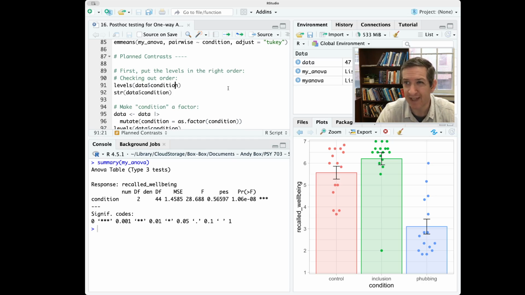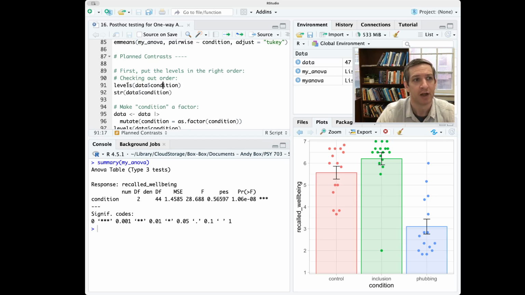Now, in a moment, you'll see how we do this. But first, the code we're going to use cares about the order of these three levels. We have the control condition, the inclusion condition, and the phubbing condition. And R doesn't automatically know which of those is first, which is second, and which is third.